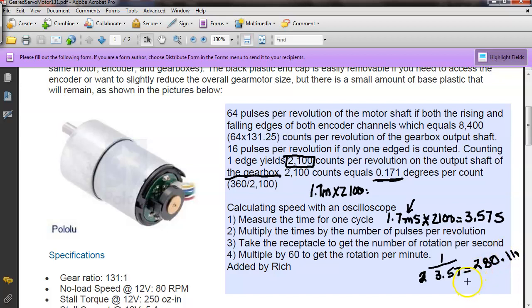And then we'd multiply that times 60. This is right, guys. We got it. 16.8 revolutions per minute.